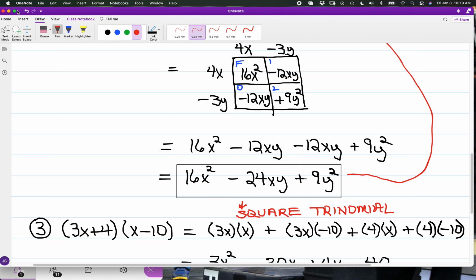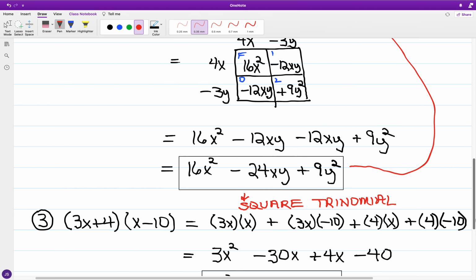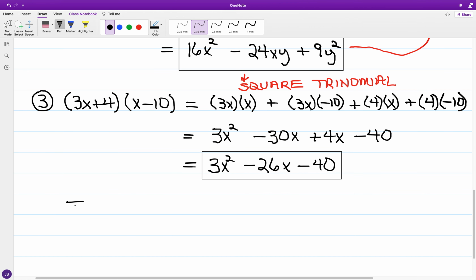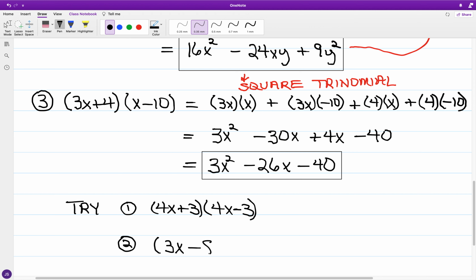All right. Now, in terms of working with the FOIL, tell you what, let's see what we get whenever we multiply, let's say, the quantity of 4x plus 3 times that of 4x minus 3, and also let's see what we get in the case of 3x minus 8z, quantity squared.